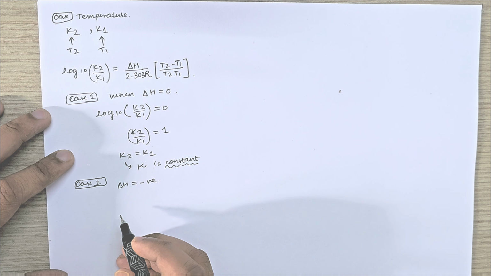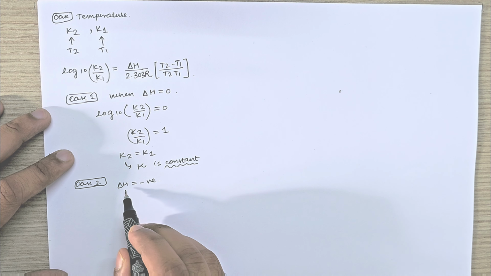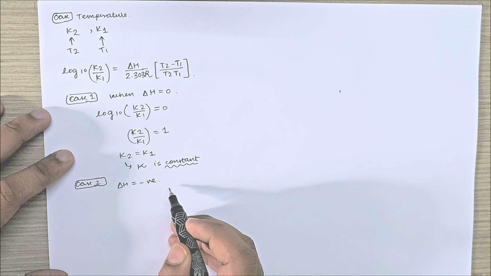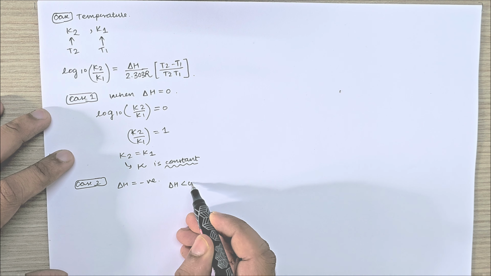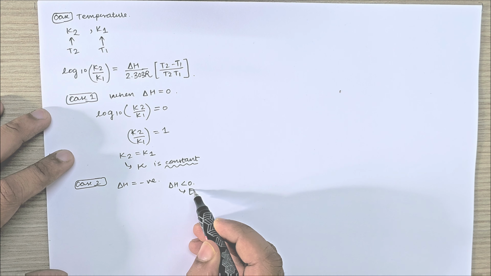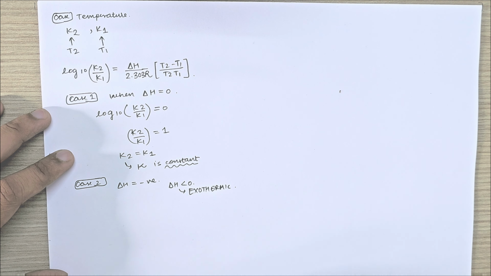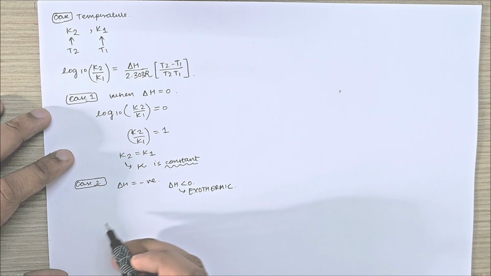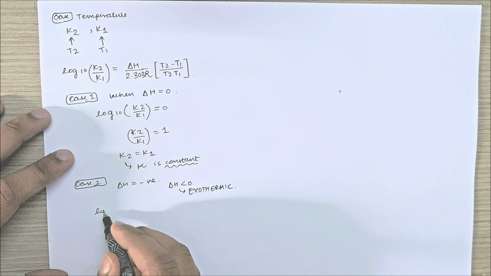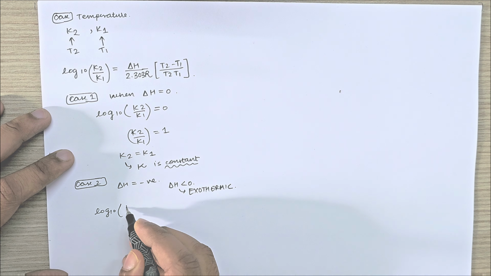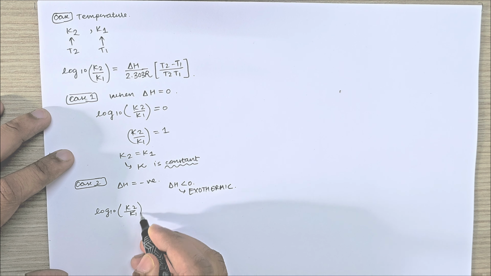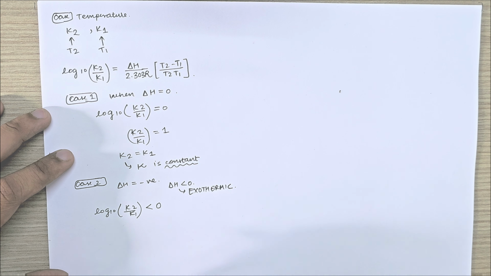What happens when the delta H is negative? When the delta H is negative, this implies that delta H is less than 0 and the reaction is basically exothermic. We have studied in thermodynamics that an exothermic reaction implies delta H is negative, and this delta H negative condition implies log base 10 K2 by K1 is smaller than 0.